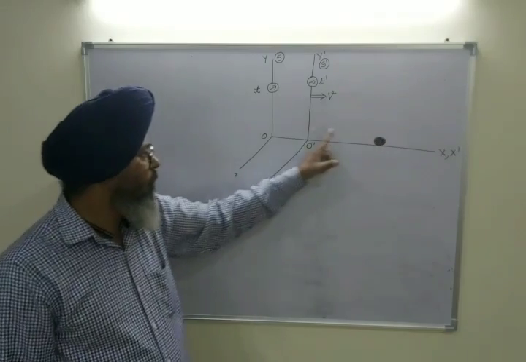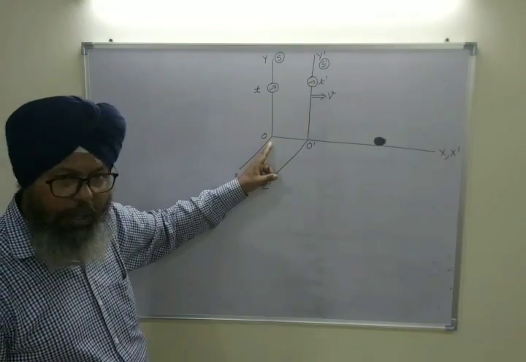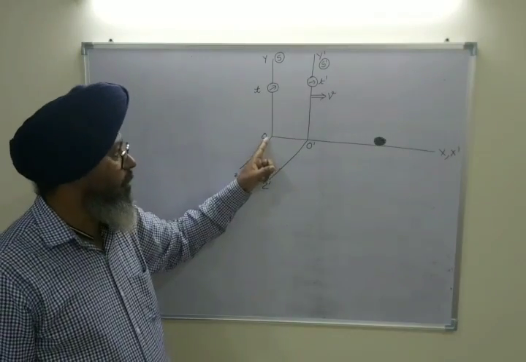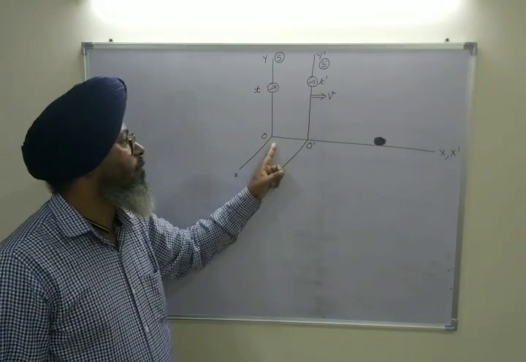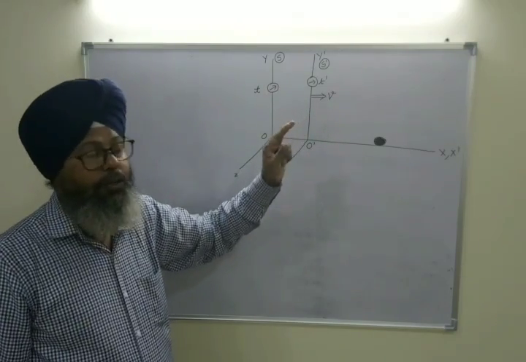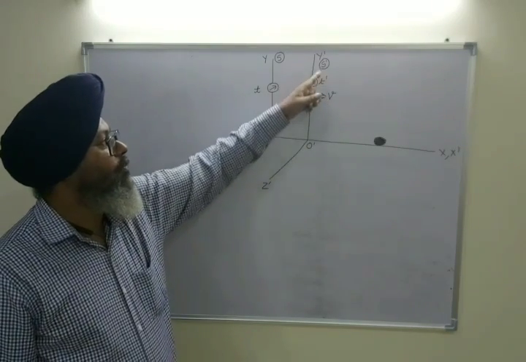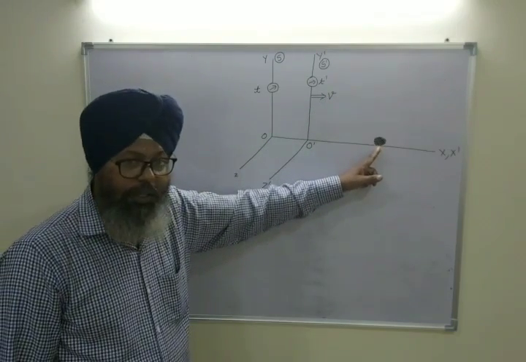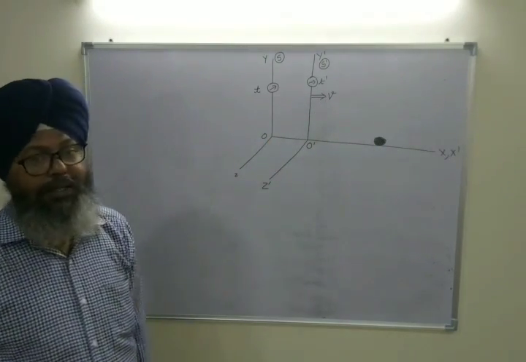And the same object, when seen from S, will appear to be in motion. And when seen from S, its velocity in S will be same as velocity of frame S dash. So I can say that v is velocity of S dash, as well as it is the velocity of this object in the frame S.